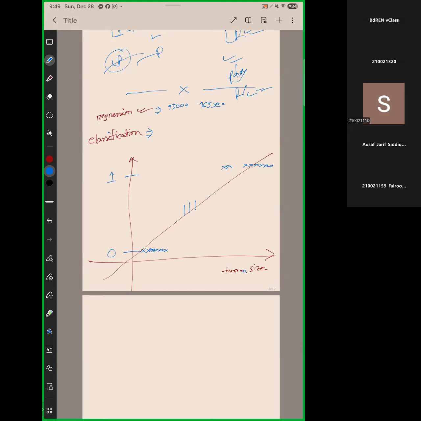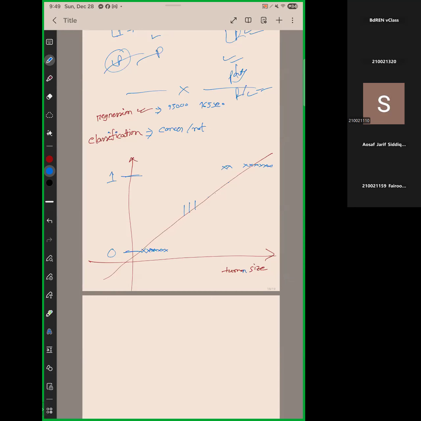Classification means the task is this: does the patient have cancer or not? Cancer or not? That's why you have 0 or 1. It cannot be anything other than that. It cannot be somewhere in the middle. Is my point clear? Okay, sir, I understand these kinds of things. So that's why the y value that you are going to get for classification will be either 0 or 1.